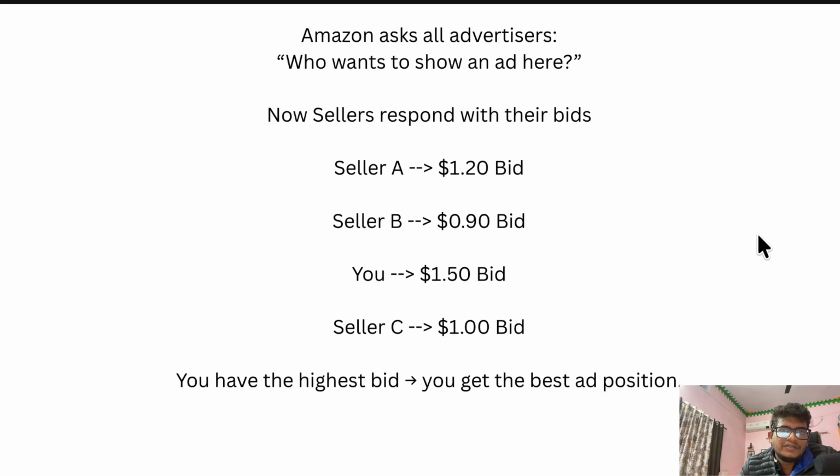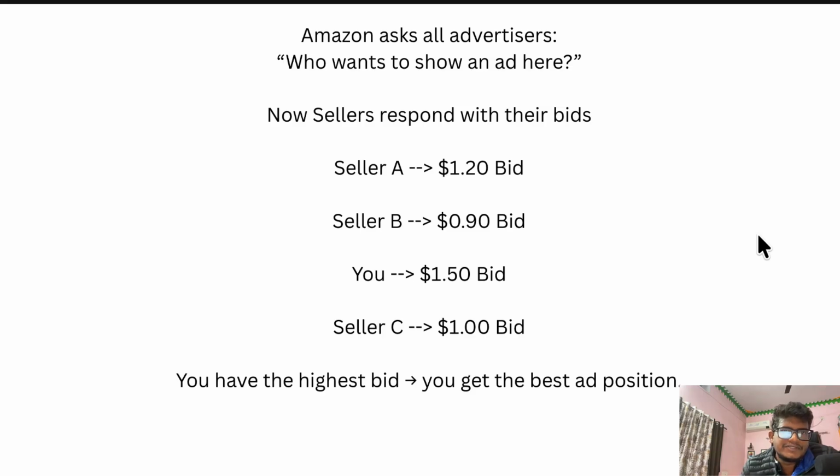Amazon will ask all the advertisers through the auction system who wants to show up an ad here for that particular keyword, wireless earbuds.